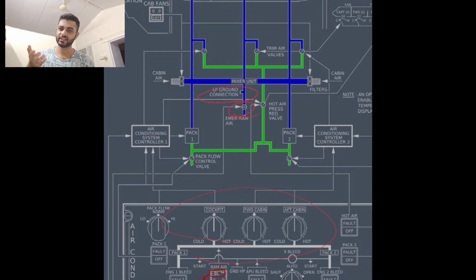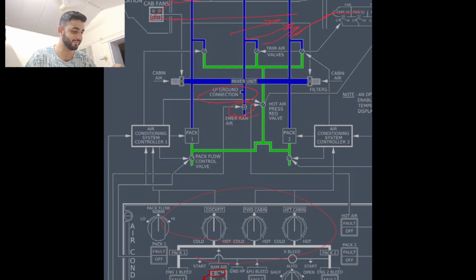Emergency ram air is just at the bottom. Now remember, later on you will see other ram airs also. Ram air is nothing, it's just air. There's like a flap. If this is the skin, there is a flap type of thing, and this is the nose of the aircraft, like this is a cockpit. Oh yeah, there is a diagram on top.